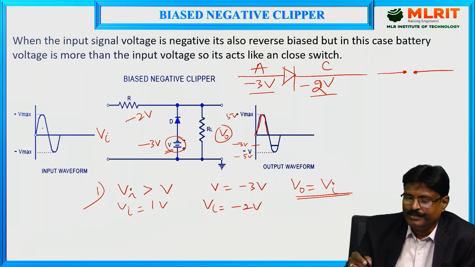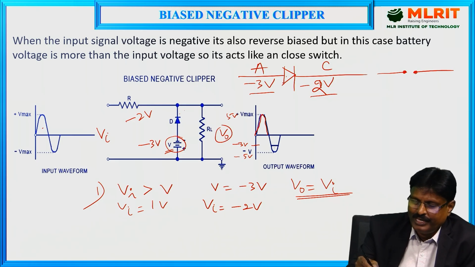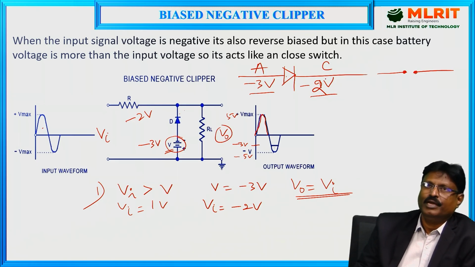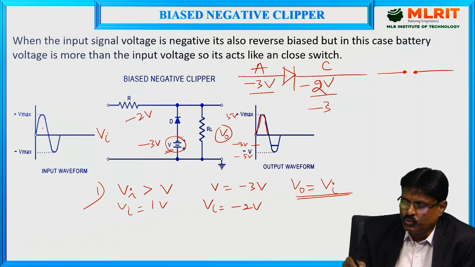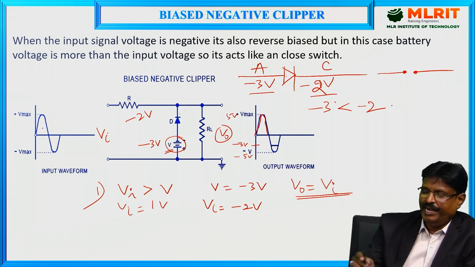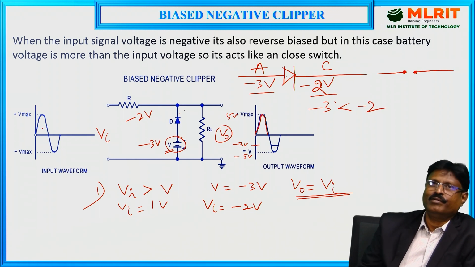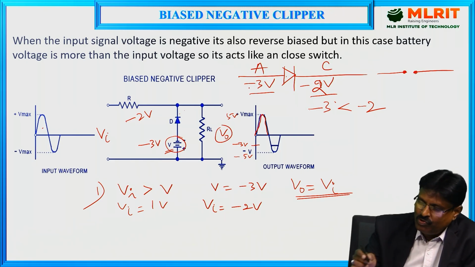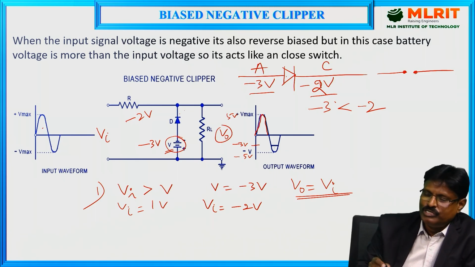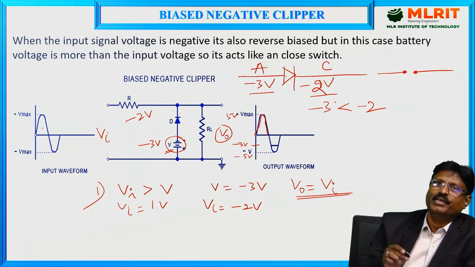So the anode is at lower potential when compared with the cathode. Don't confuse here, it is a negative value, not a positive value. Minus 3 volts is less than minus 2 volts, or we can say minus 2 volts is higher than minus 3 volts.